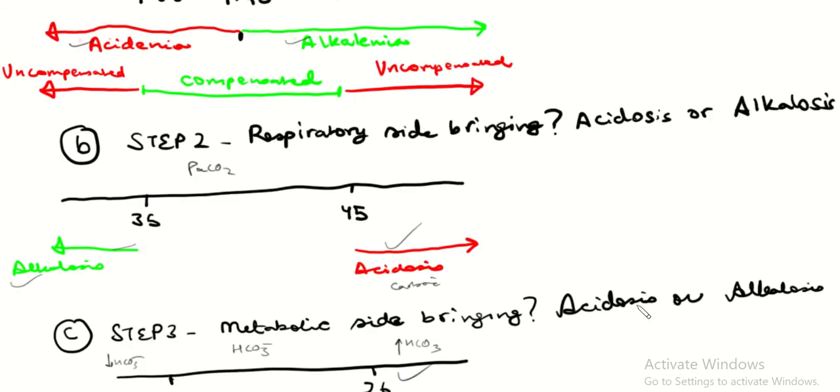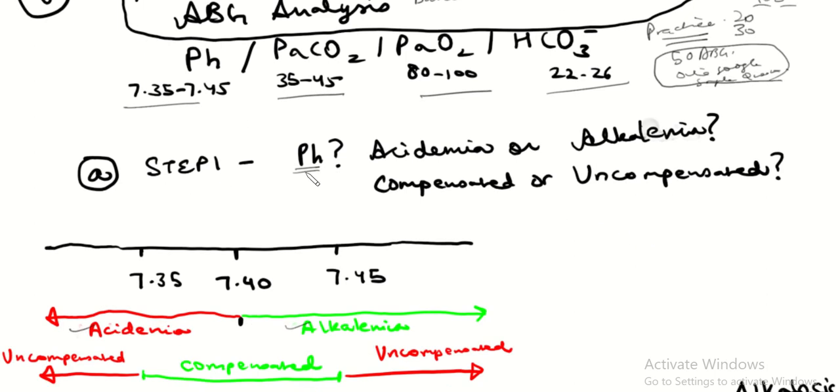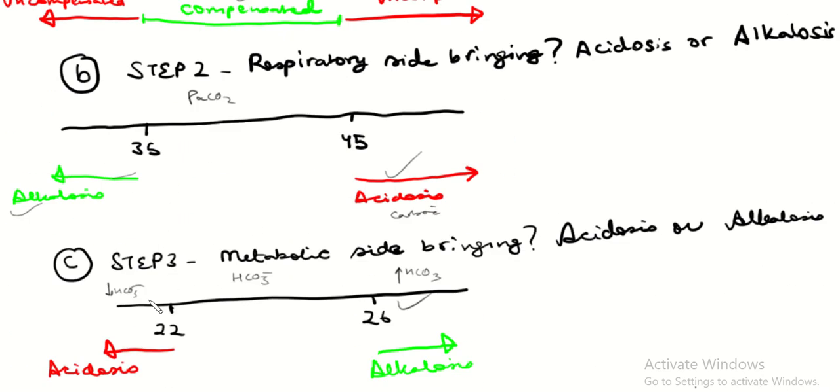Can you remember these steps? The answer is not no. The answer is yes, you have to remember these steps. So again, pH. There's two things you're going to get from pH. If it's between 7.35 and 7.45, it's compensated. Otherwise, it's uncompensated. If it's less than 7.4, it's acidemia. If it's greater than 7.4, it's alkalemia. What's the respiratory side bringing? PaCO2 higher than 45, acidosis; less than 35, alkalosis.